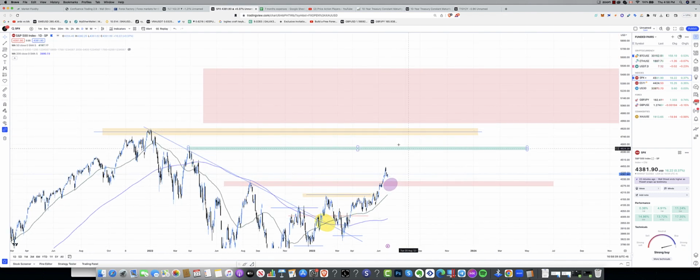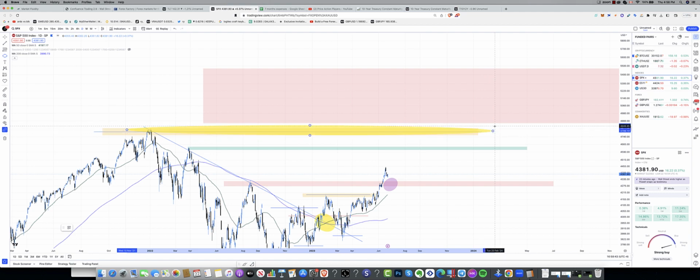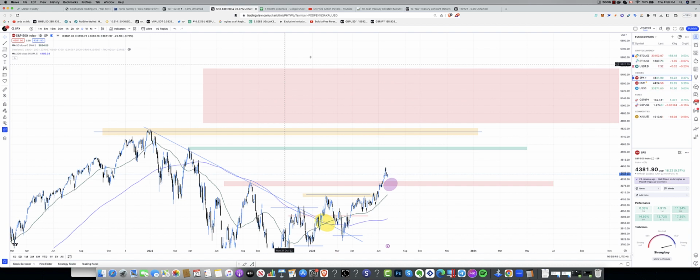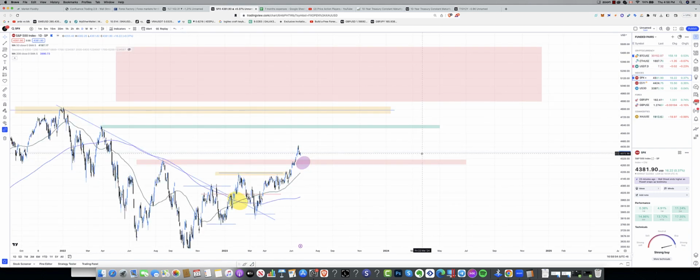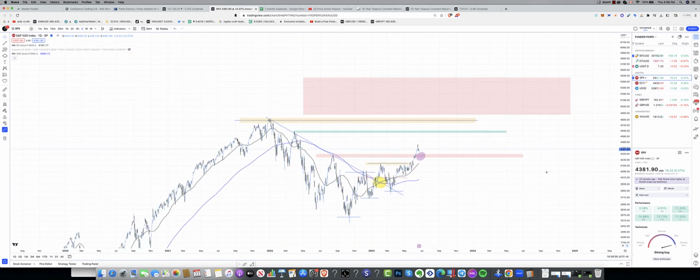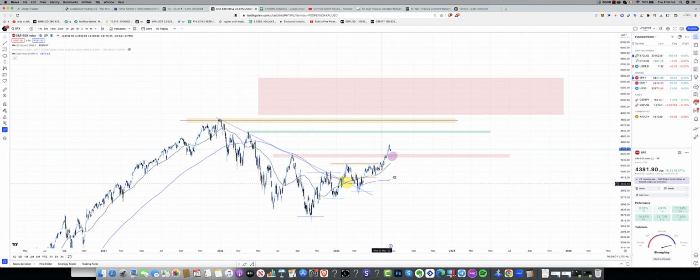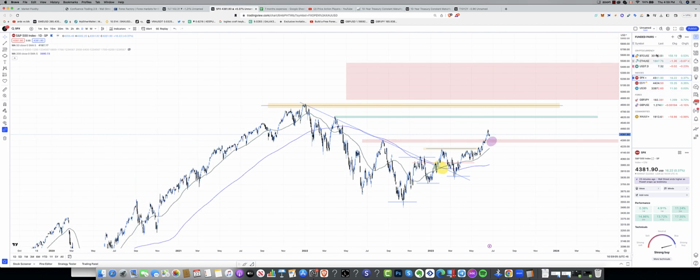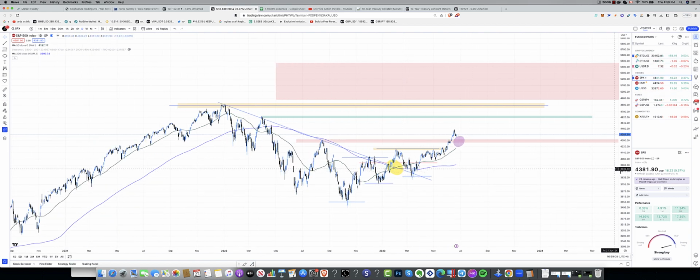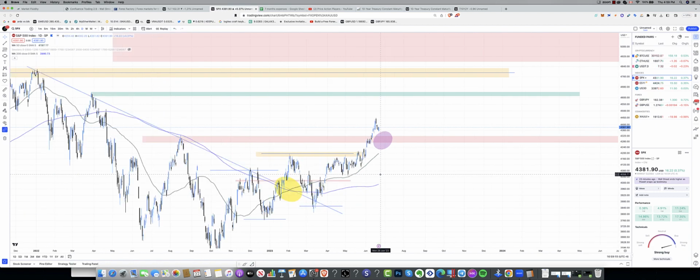But like I said, once we break above this area right here, I believe that we're gonna have a melt up in a lot of risk on assets: stocks, commodities, cryptocurrencies, AI. So nothing you guys haven't really seen, but it's what potentially will happen.